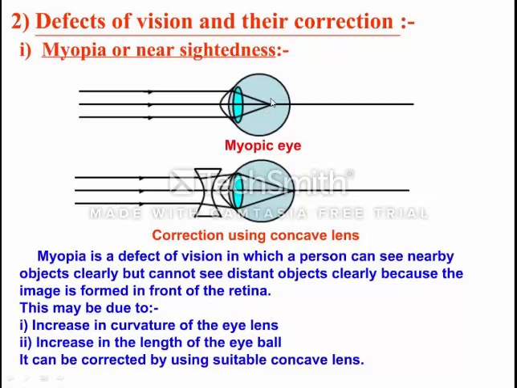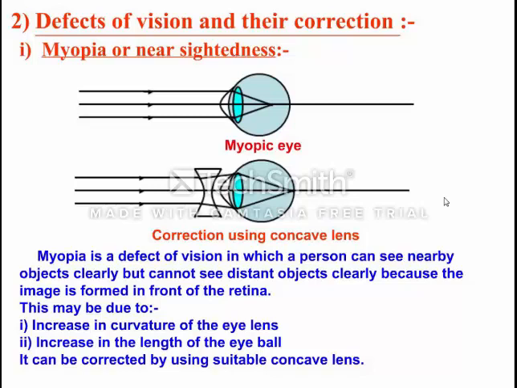And why does this problem arise? Due to the increase in curvature of the eye lens, or if the length of the eyeball increases, then this defect arises.